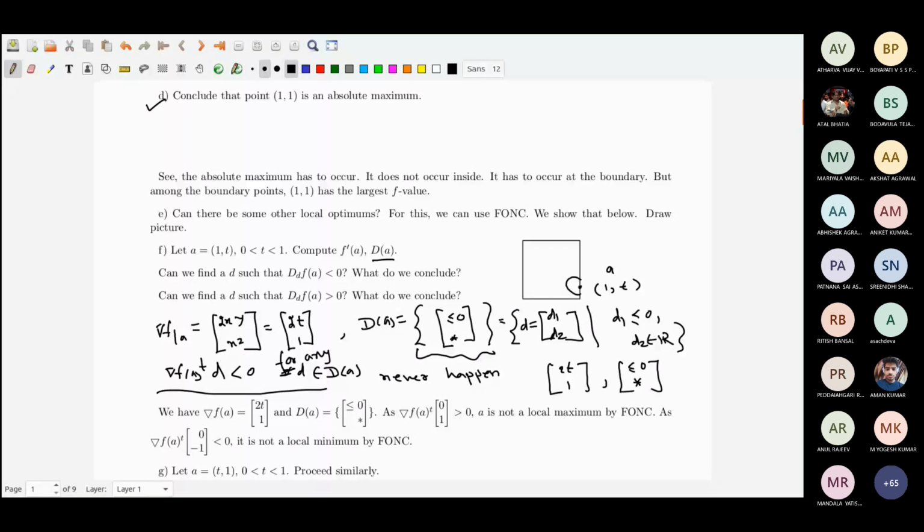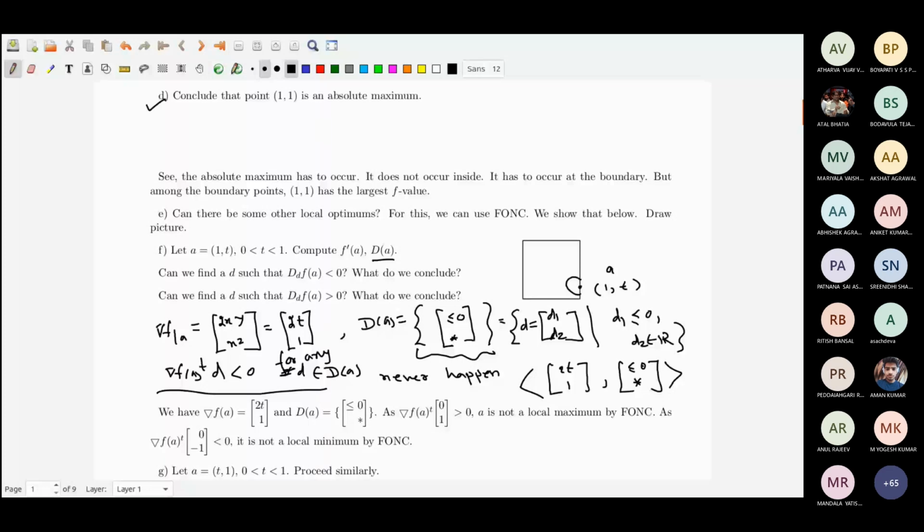Instead of star, I can take plus minus 1. Then what do I get? If I take minus 1, the inner product is negative. If I take plus 1, then this inner product is positive. So if I take (0, 1), I get 1. If I take (0, -1), I get -1.